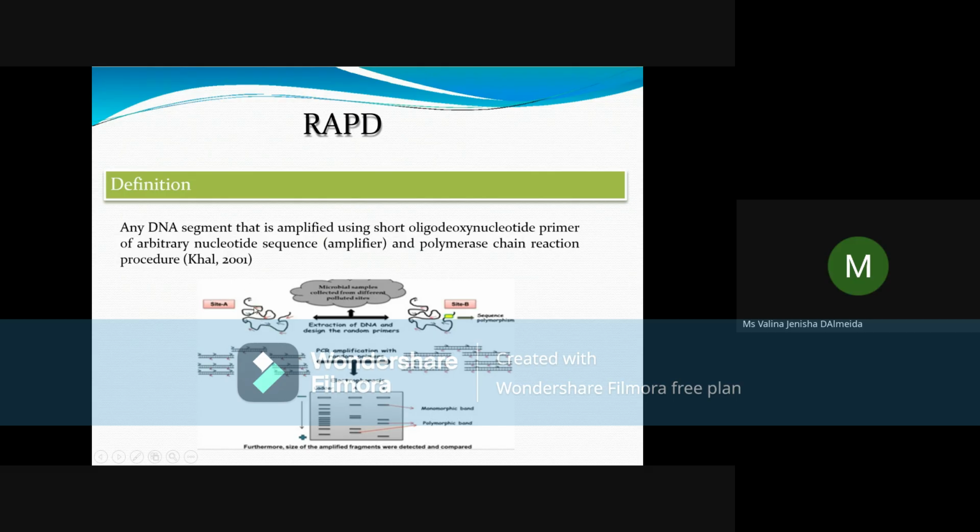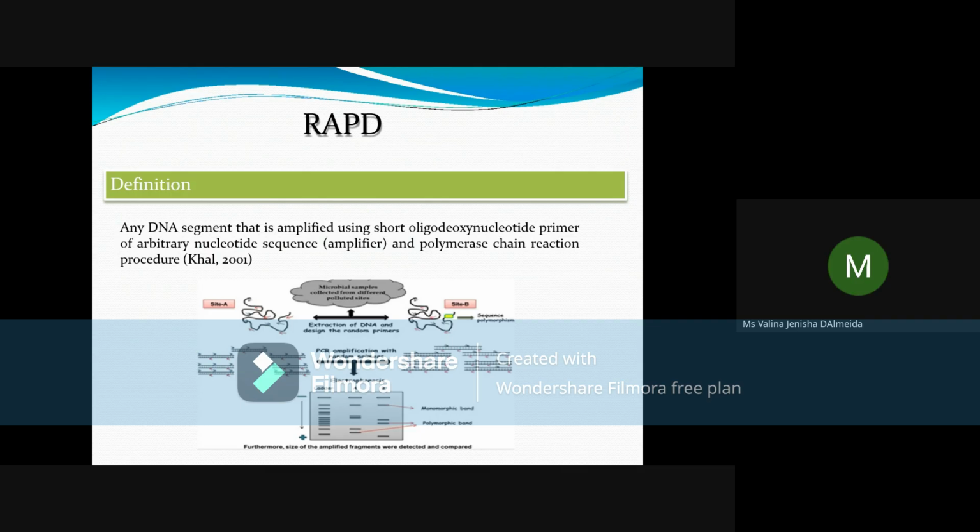So basically what you are doing is using a DNA sequence. Let's say you are using DNA from two different strains, but here you are using a primer. I hope you know what a primer is. A primer is a short oligonucleotide sequence.